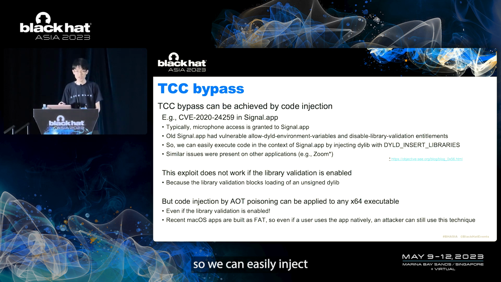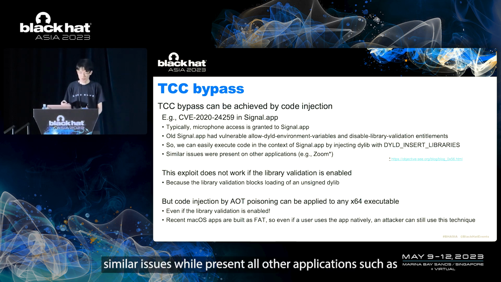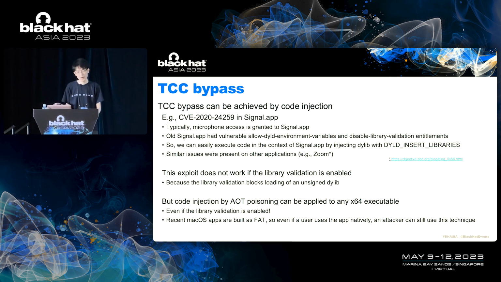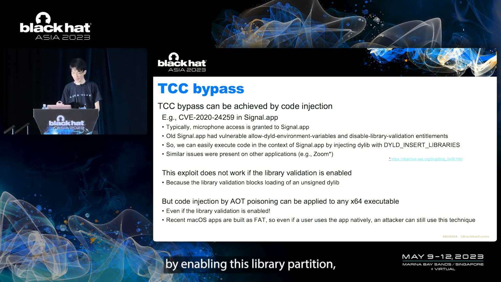So we can easily inject an unsigned dylib into Signal to access the microphone. Similar issues were present in other applications such as Zoom. Of course, these issues have already been fixed by enabling library validation, so we cannot exploit this anymore.